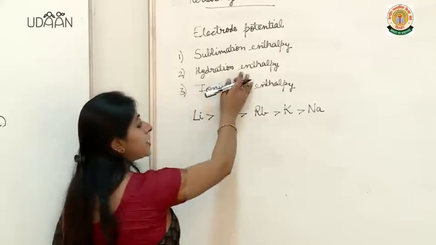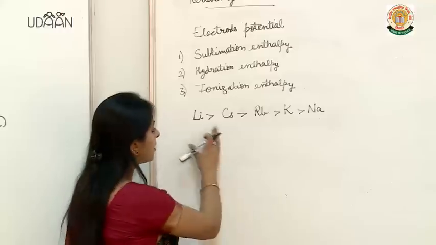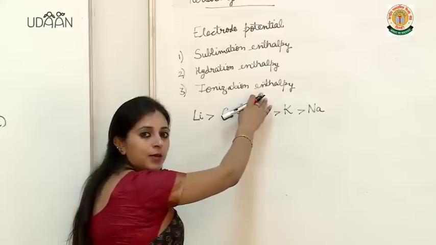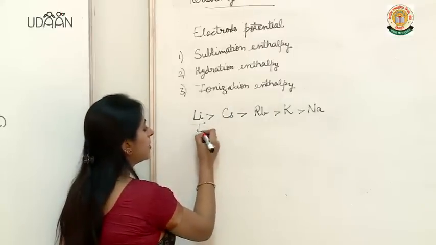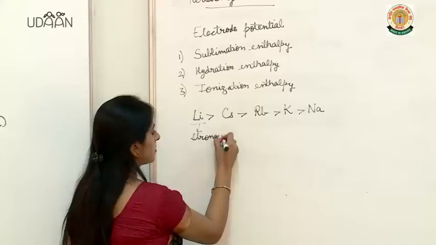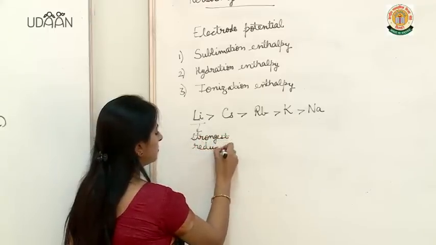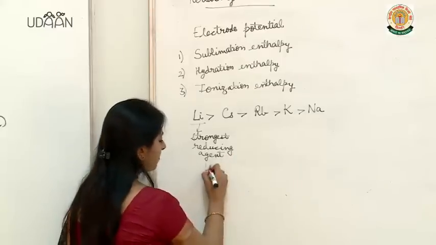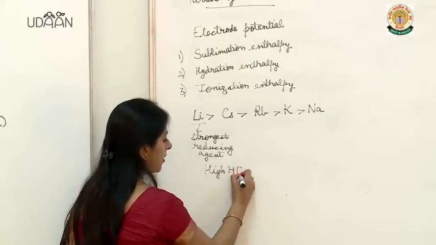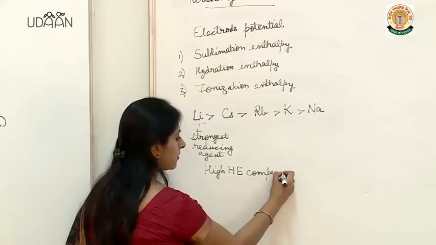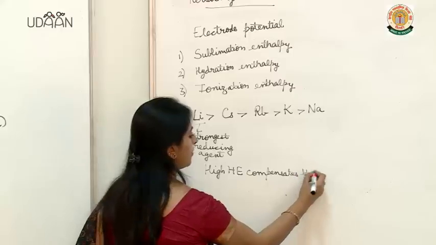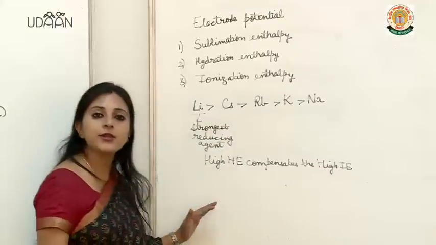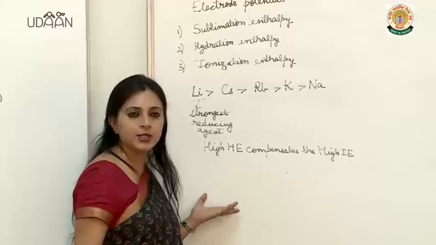The high hydration enthalpy, which is released because of the small size of lithium, compensates for the high ionization enthalpy, and that is why lithium is the strongest reducing agent.